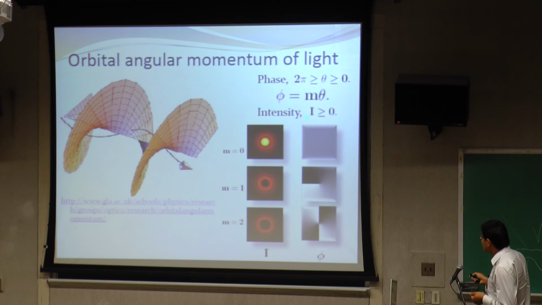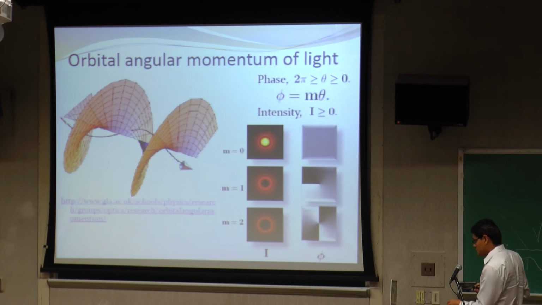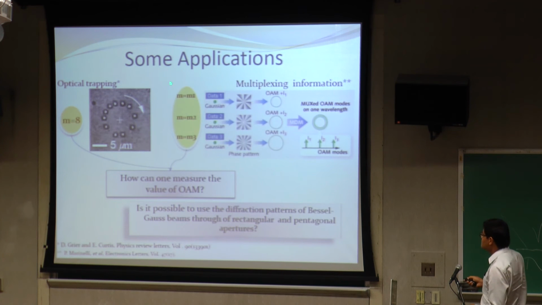The intensity is always zero at the center. The typical distribution for a Bessel-Gauss beam is this, with the phase for n equal 0, n equal 1, and n equal 2. This is the intensity and the typical phase. The applications are in optical trapping and multiplexing information.